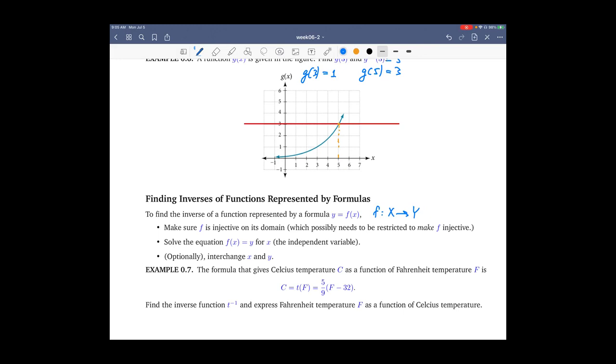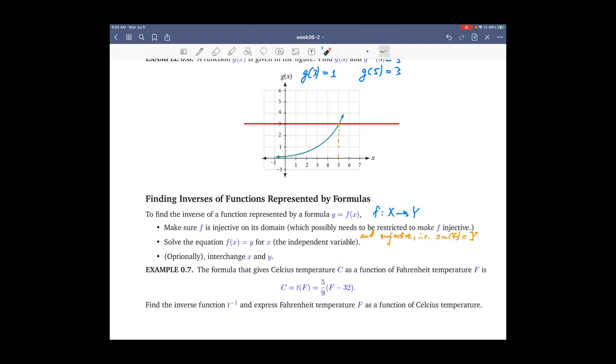Make sure your function is injective on its domain and surjective. So you want to make sure that the image of f is all of y. If not, you can typically reduce y to take y to be just the image of f.